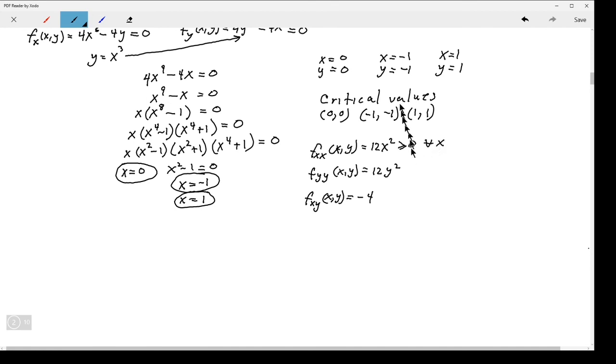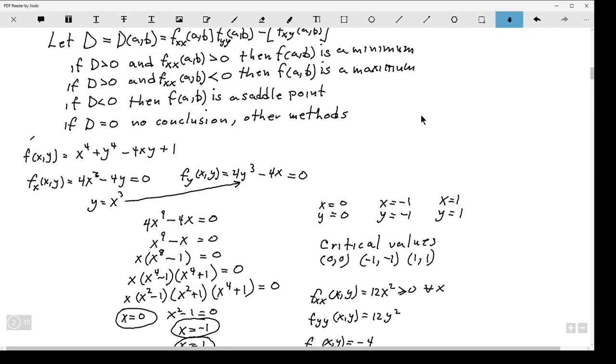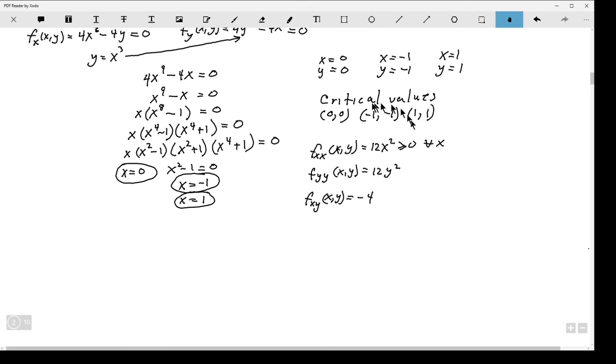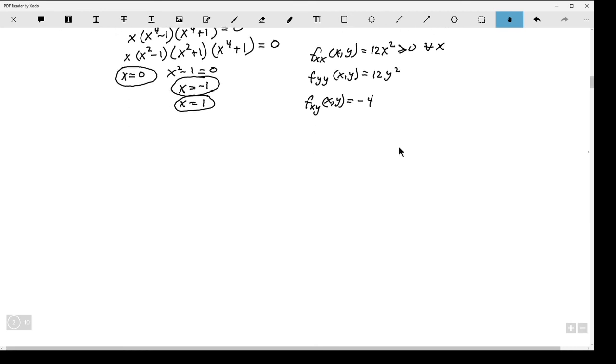As long as x is not 0, this is going to be positive. So let's deal with these two first. Let me just check something real quick. It is definitely yes. Okay, that's fine. So let's deal with the two non-zero points first, then we'll deal with the 0 point.